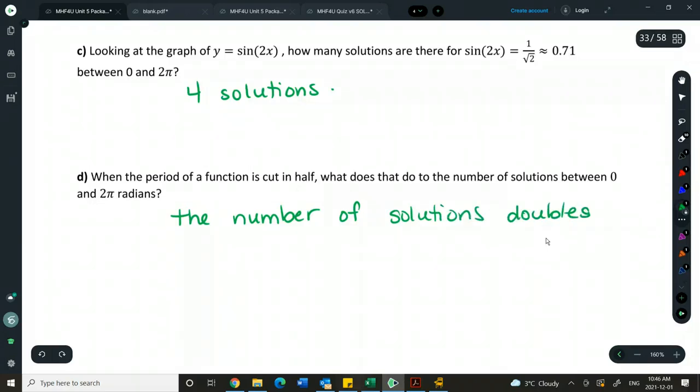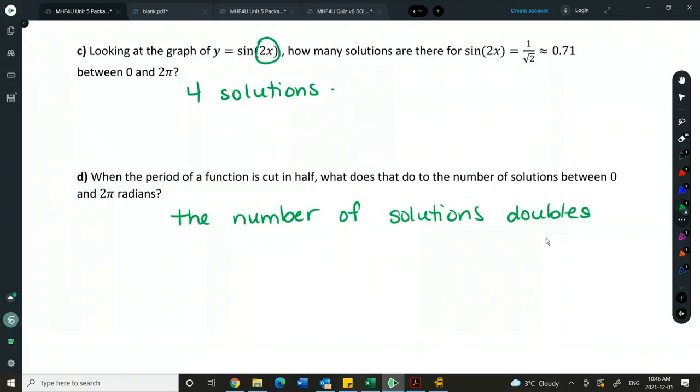What if my k value was 3? What would we suppose happens to the number of solutions if I compress by a factor of 1/3? I'll have 3 times as many solutions. Perfect. So depending on what I have in here, that's going to help me understand how many solutions I should be looking for.